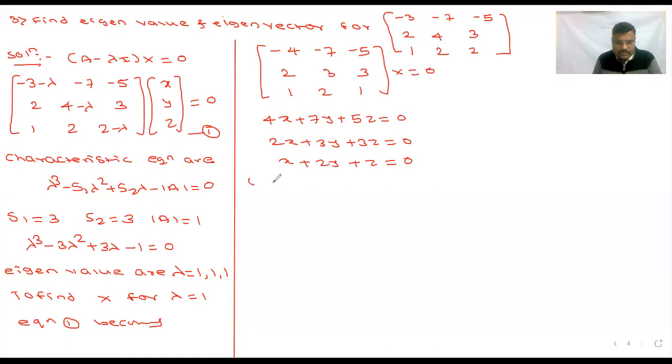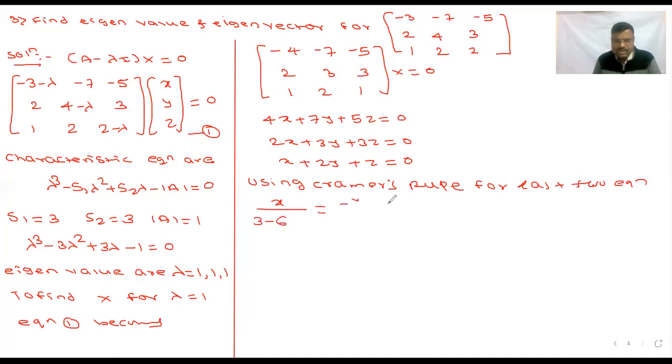So using Cramer's rule for the last two equations, we get x divided by 3 minus 6. If the calculation is easy, we can do it directly.